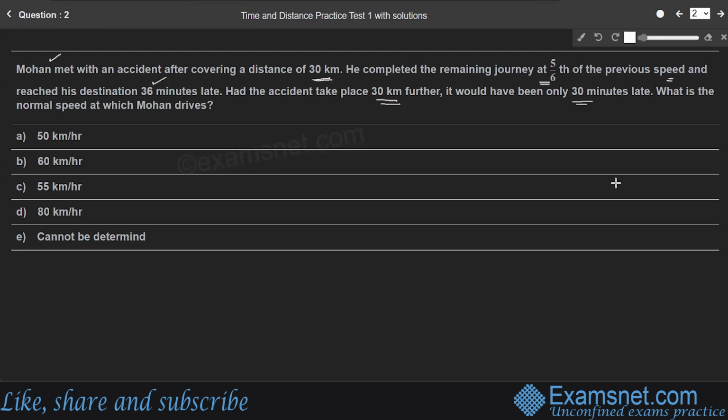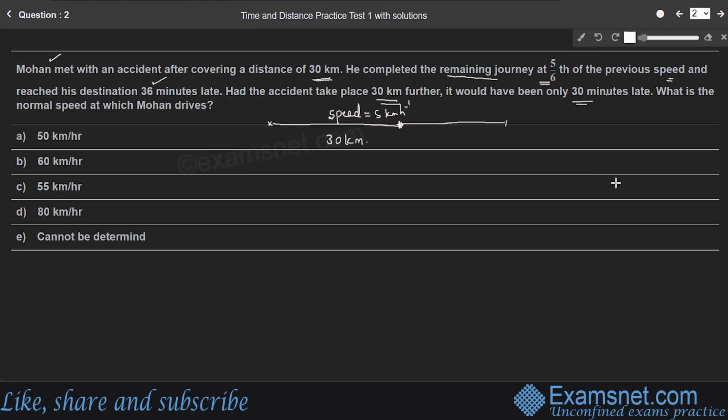So students, it is given that he met with an accident after covering a distance of 30 km. We'll consider this 30 km distance, and he covered that distance with the speed s. Let his speed be s km per hour. After that, he met with an accident and covered the remaining part of his journey.